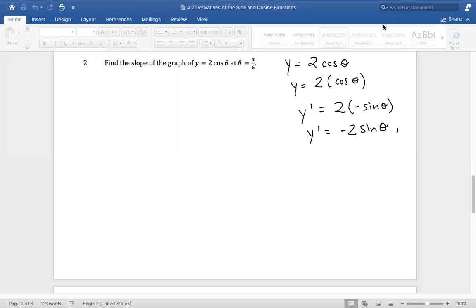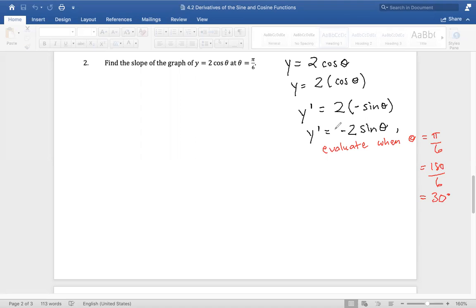And now we want to evaluate. Now that we've done our derivative and gone as far as we can, we want to evaluate when theta is at pi over 6, which we just talked about is 180 over 6, or 30 degrees.